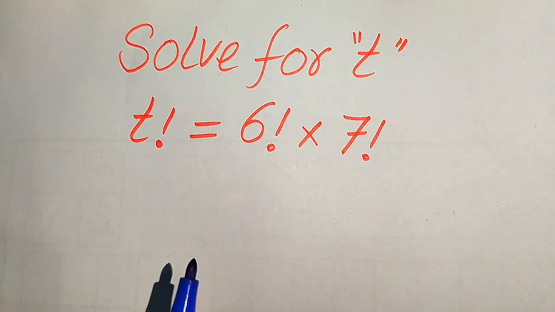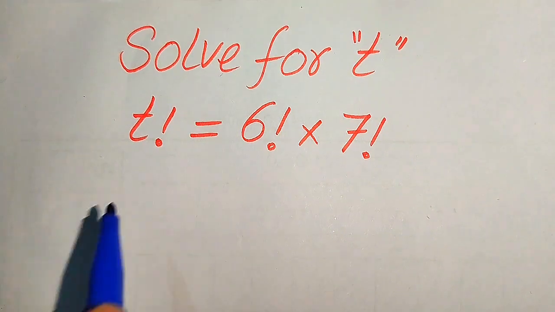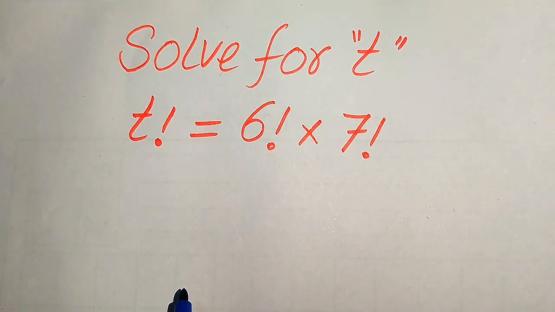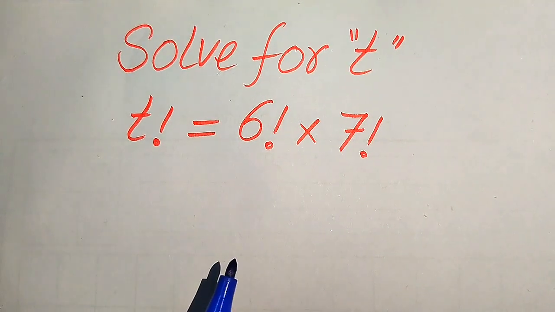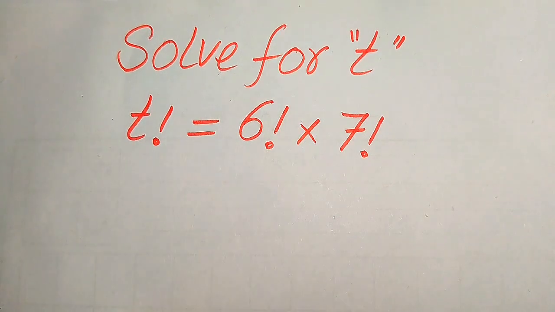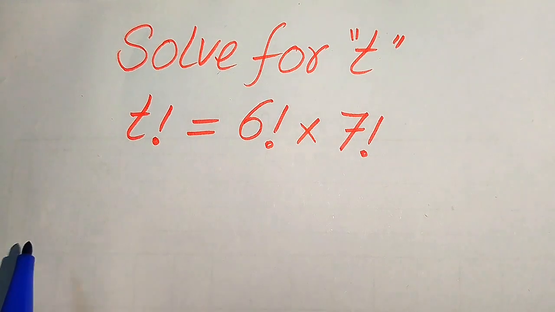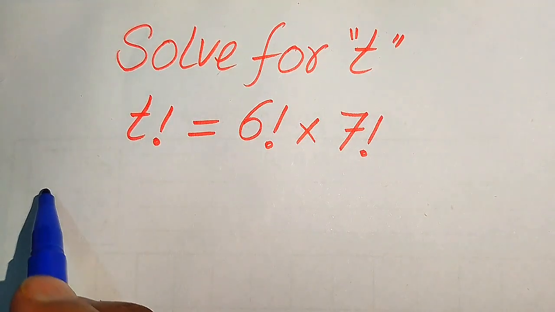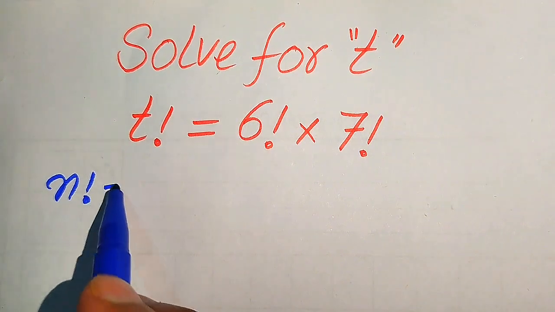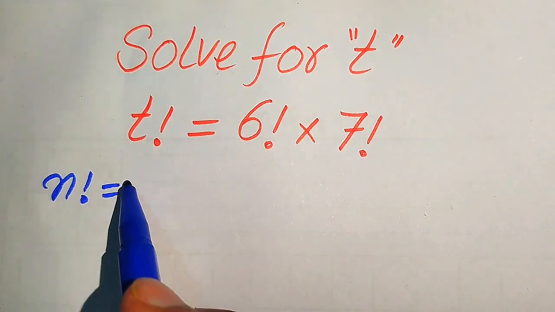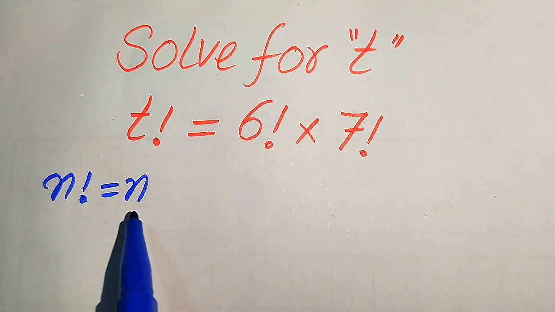Now the very first step is to focus on the factorial definition. First I can explain a little bit about what factorial is. If you have n factorial, it means we multiply n down to 1.